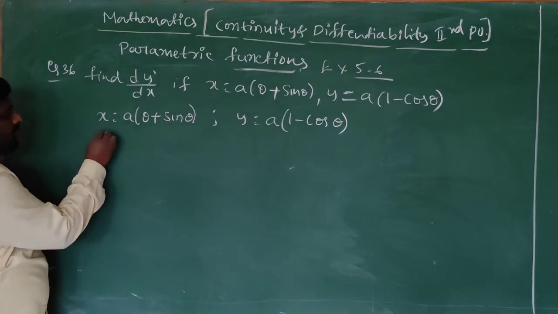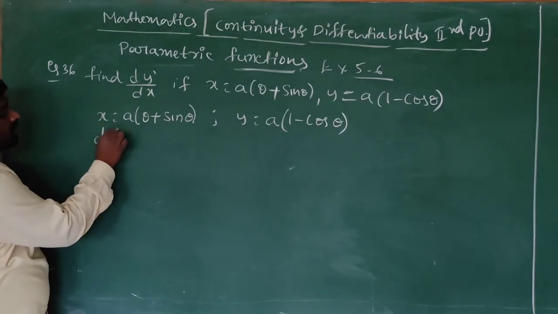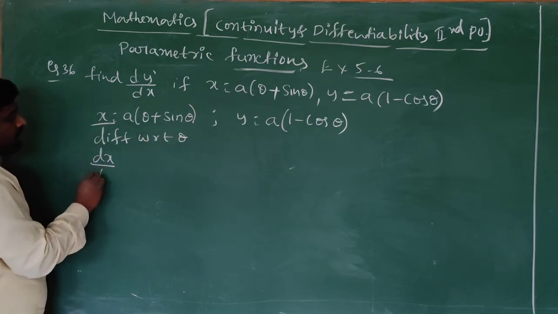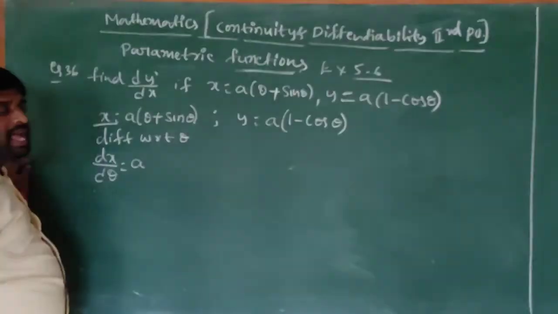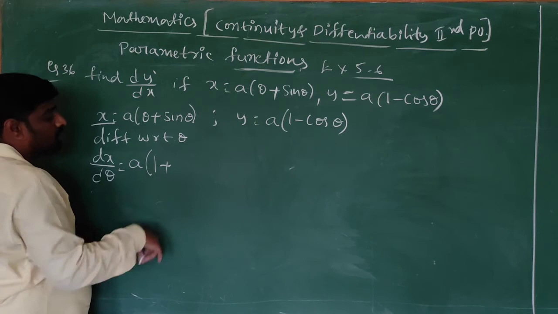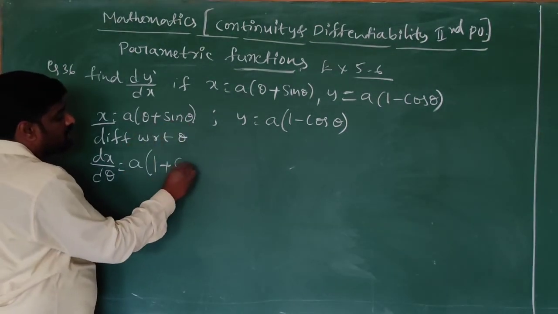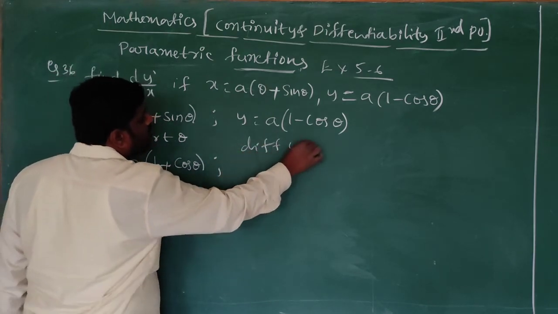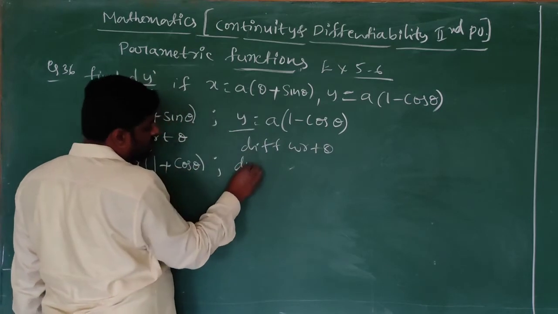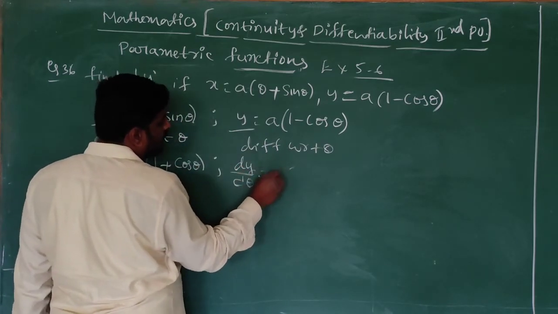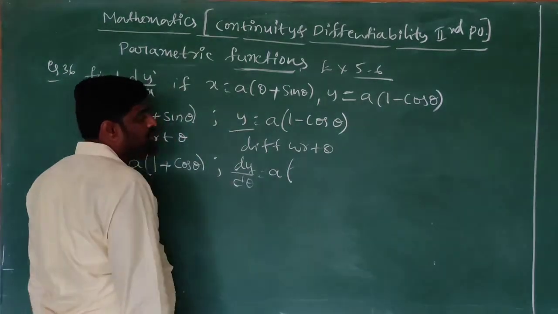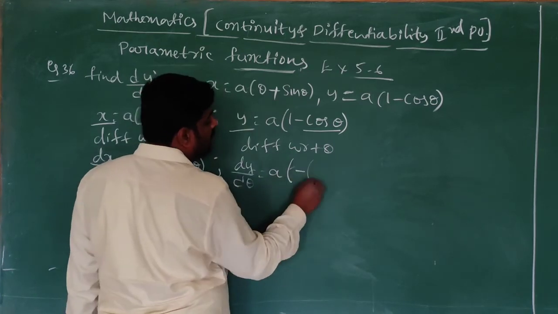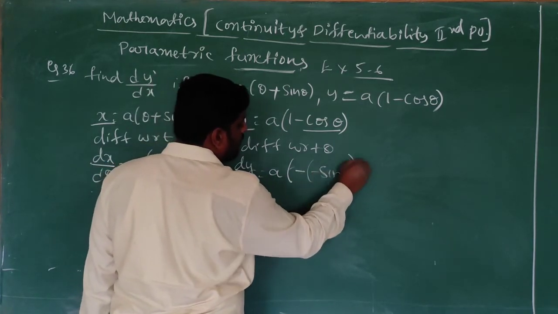For differentiation of x with respect to theta, x differentiation is dx by d theta, a as it is, theta differentiation is 1, sin theta differentiation is cos theta. So y differentiate with respect to theta. So y differentiation is dy by d theta, a as it is, one differentiation is 0, cos theta differentiation is minus sin theta, minus into minus sin theta.